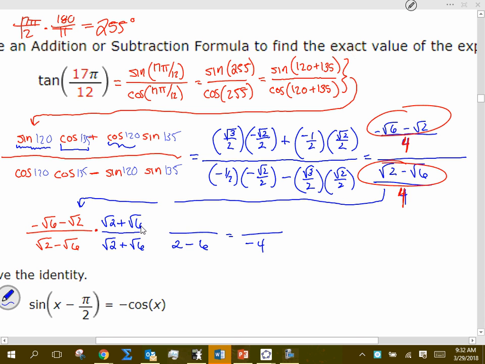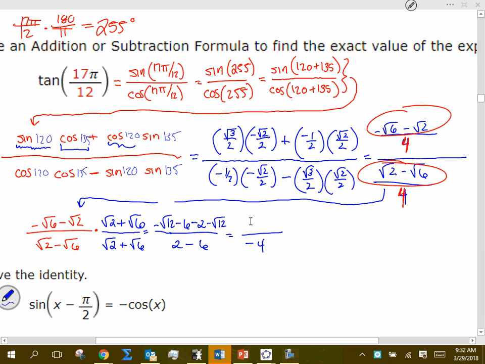Let's give myself a little bit more room here. When I multiply negative radical 6 times radical 2, I get negative radical 12. Negative radical 6 times radical 6 gives me negative 6. Negative radical 2 times radical 2 gives me negative 2, right? And then negative radical 2 times radical 6 gives me negative radical 12 again. Okay.